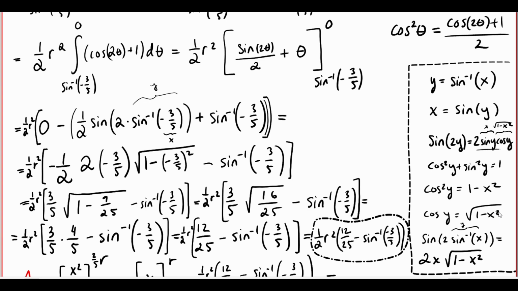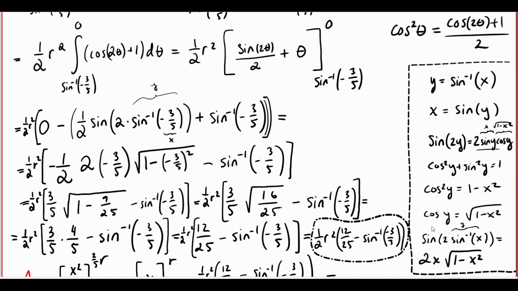So the sine of 2 times the arc sine of something, where y equals sine minus 1 of x, which is this y here, becomes 2x times the square root of 1 minus x squared.